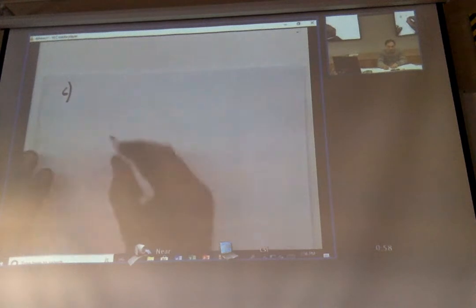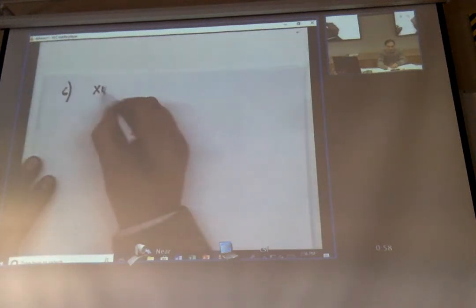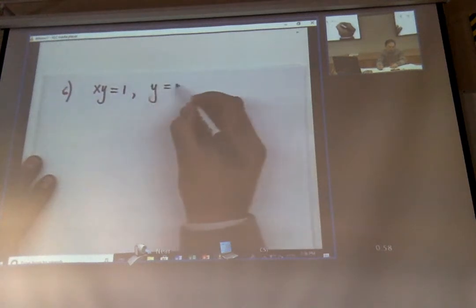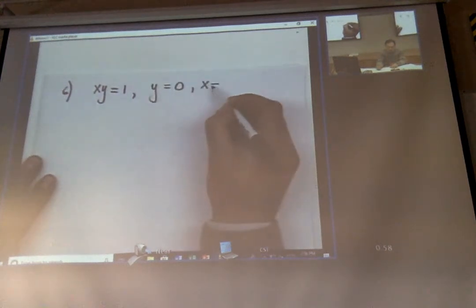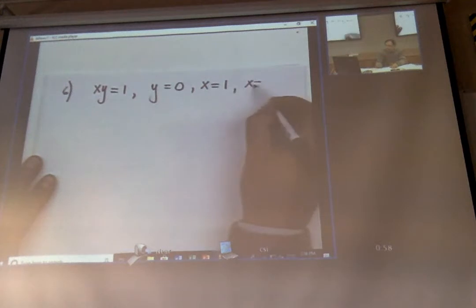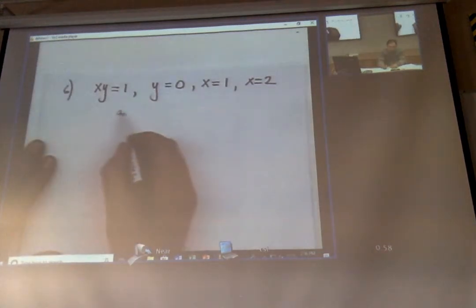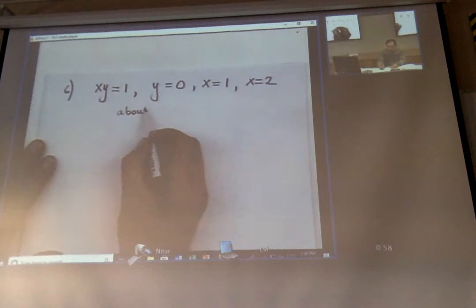The problem that we had was like this: x, y equals 1, y equals 0, x equals 1, x equals 2. It was the second lesson, Monday, I think, for 6.2, and we had to rotate this about x equals -1.